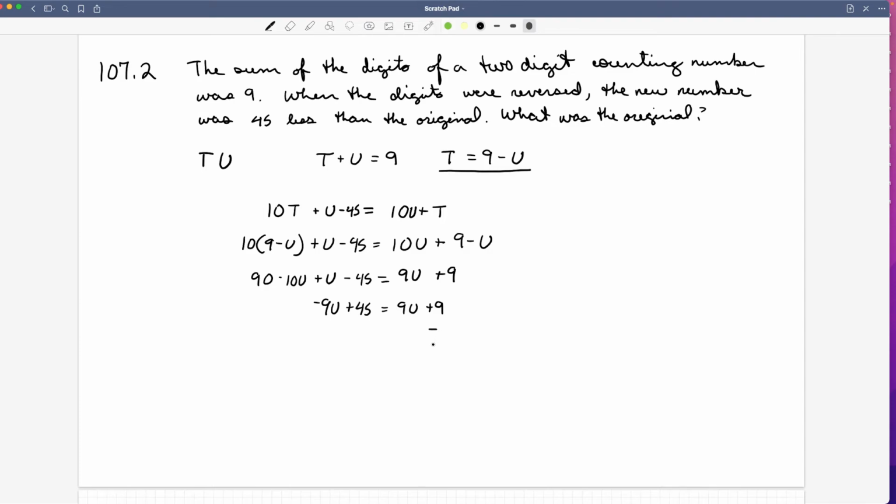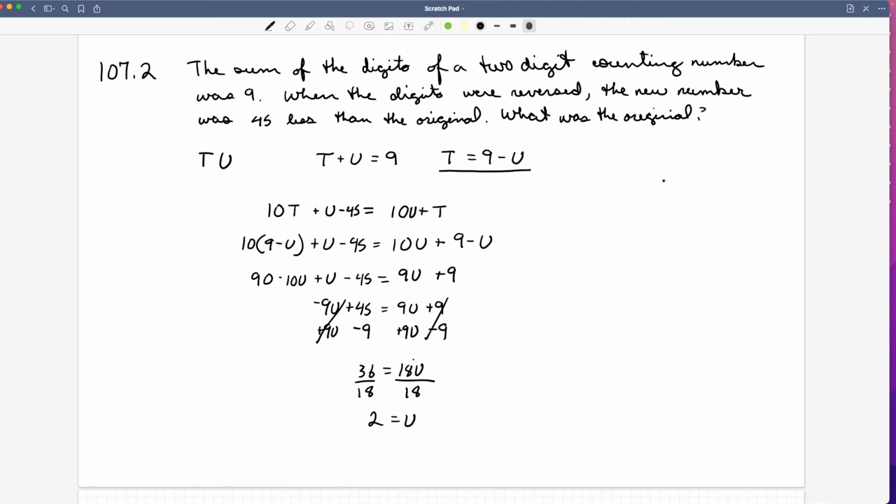So if I subtract 9 from both sides, and I add 9u to both sides, that cancels, that cancels. 45 minus 9 is going to be 36, is equal to 18u. If I divide both sides by 18, I find that 2 is the value of u.